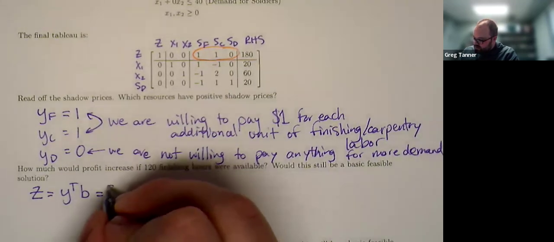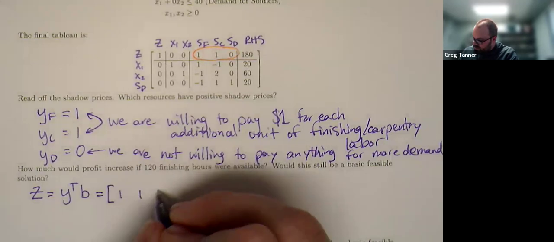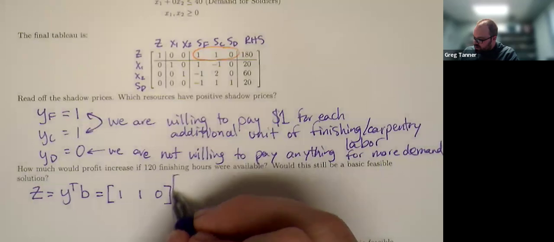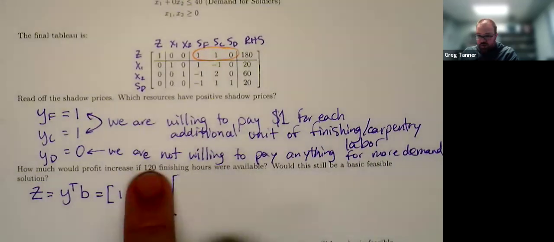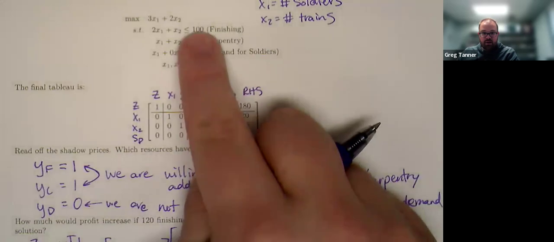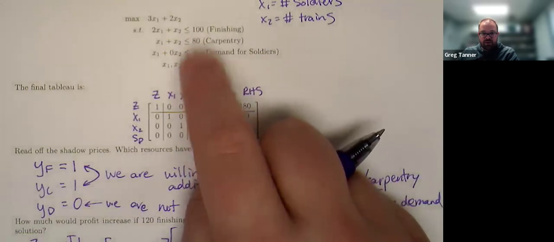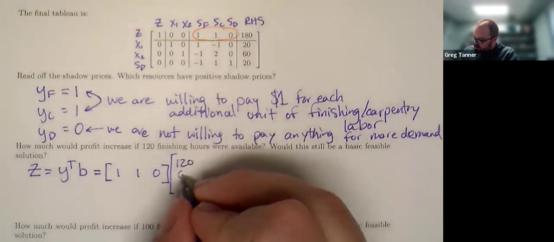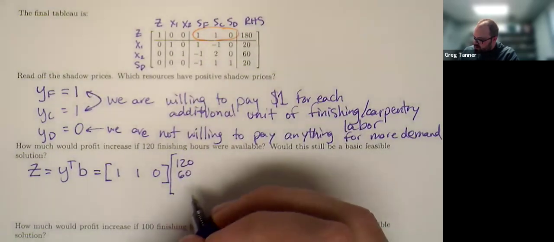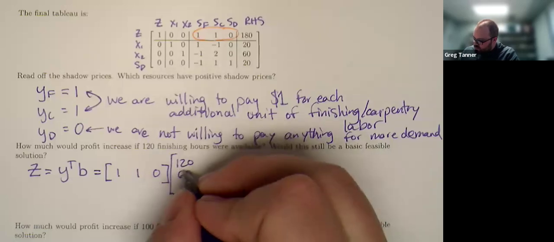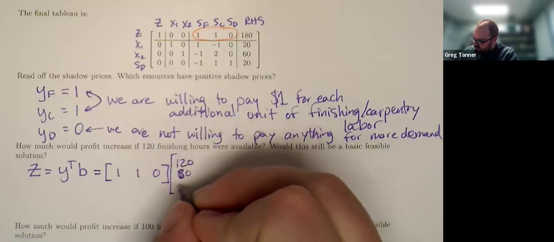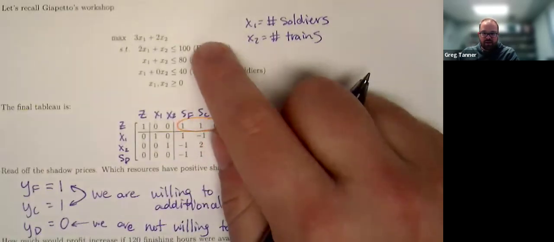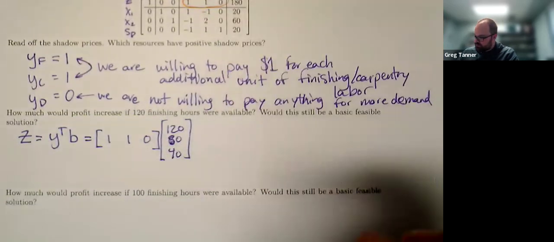Y transpose is 1, 1, 0, reading off from here. Our right-hand side, which was 180, 80, 40, becomes 120, 80, and 40. I've just modified the amount of hours for finishing there.